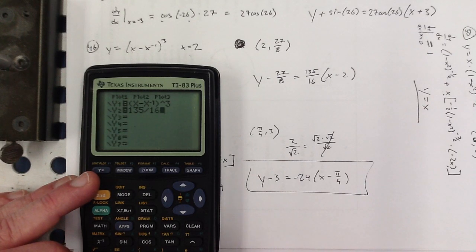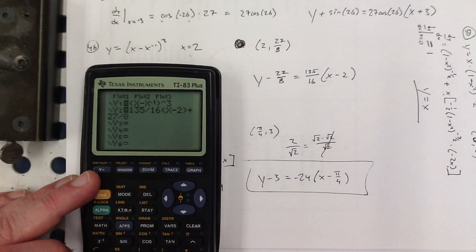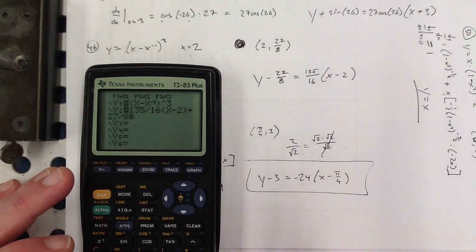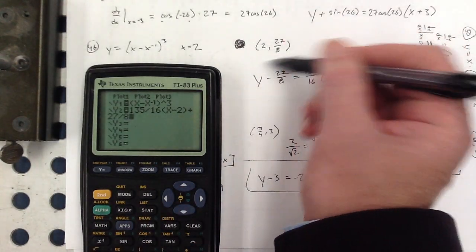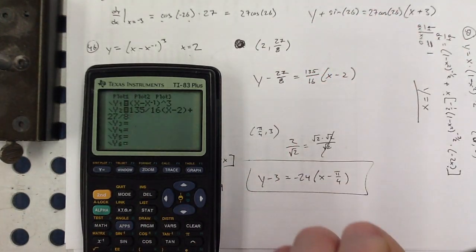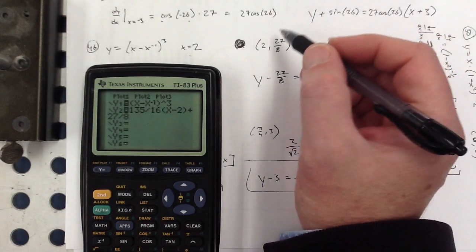16 times x minus 2 plus 27/8. Right? And then before I hit graph, you could do that now, but before I do that, I really want to have a window where this point right here is right in the middle of the window. So let's see.